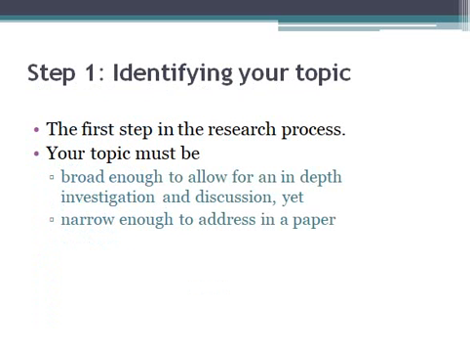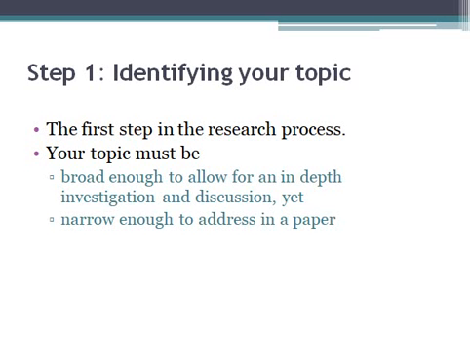Now, the first step is identifying your topic, finding out your topic. The first step in the research process is to find a topic that you will discuss in your research. So what is meant by the topic? The topic of a research paper should be researchable.